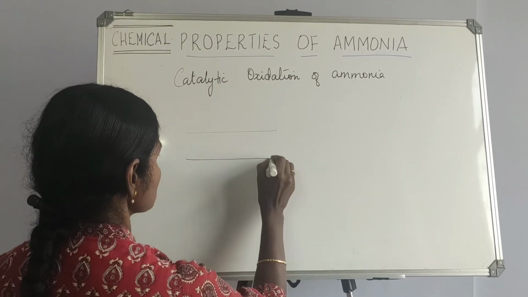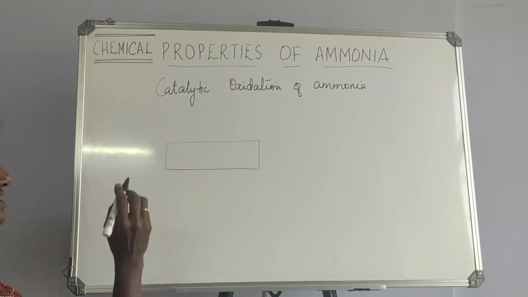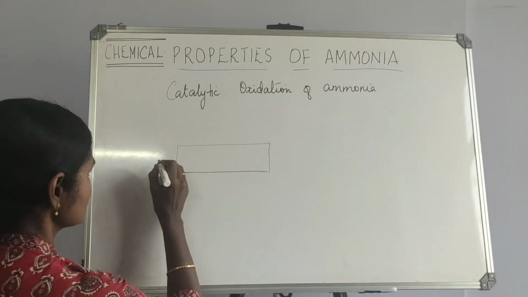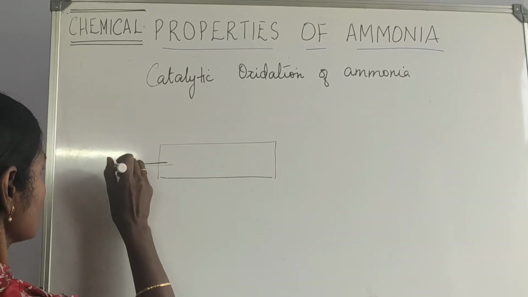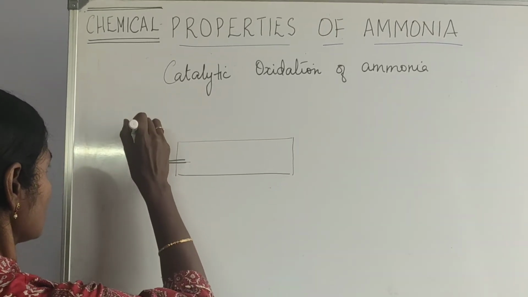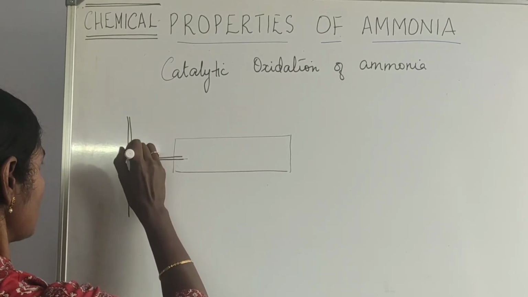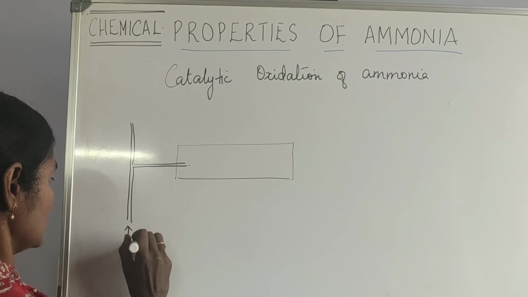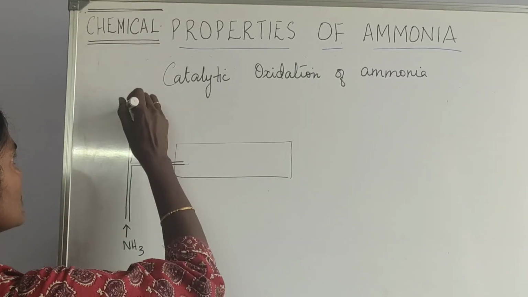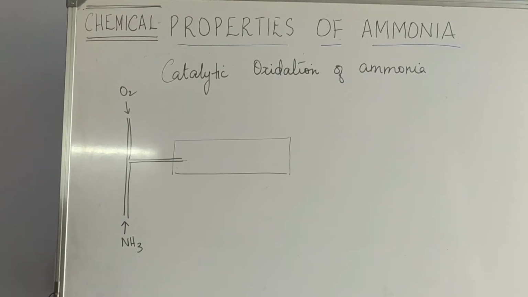We take a combustion tube, which is a hard glass tube that can withstand very high temperatures, and it is connected to another tube through which both the gases, ammonia and oxygen, are let in.